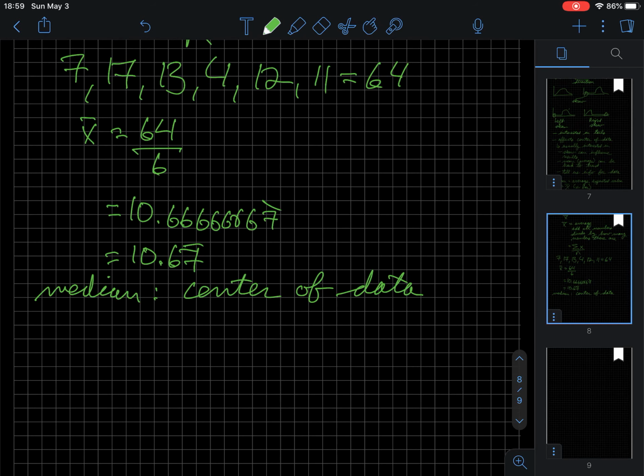If we look back at our previous example, we have 4, 7, 11, 12, 13, and 17. The way we'd find it is that we would first cross out this one and that one, this one and that one, and this one.